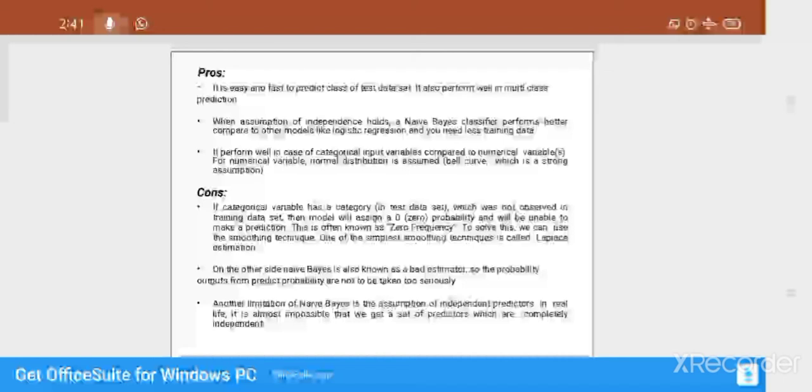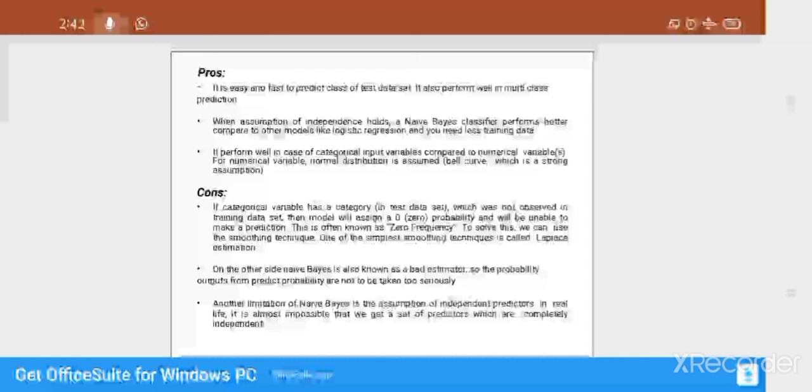Second, when the assumption of independence holds, a Naive Bayes classifier performs better compared to models like logistic regression. It performs well in the case of categorical input variables compared to numerical ones. Now what are the disadvantages?